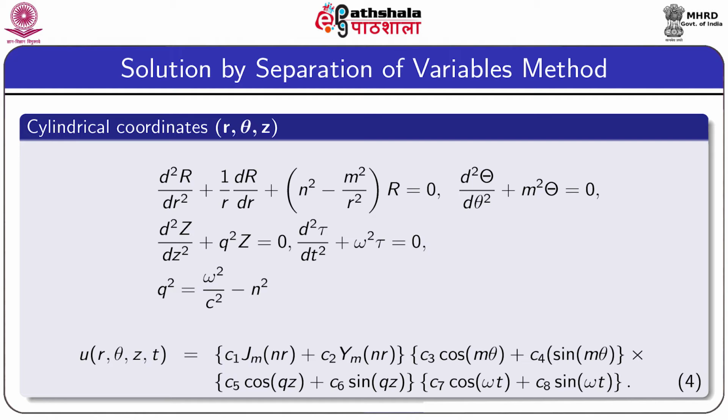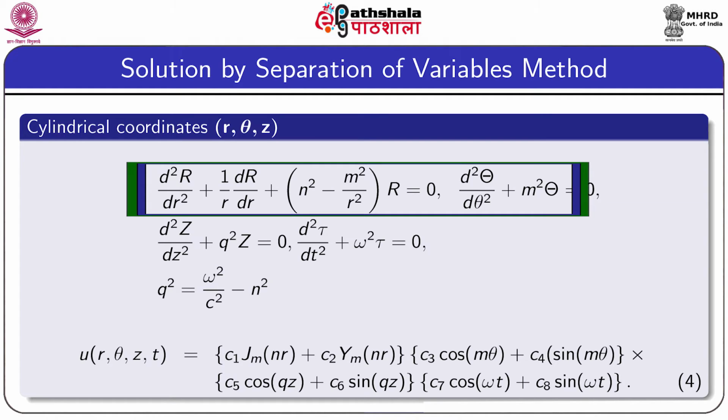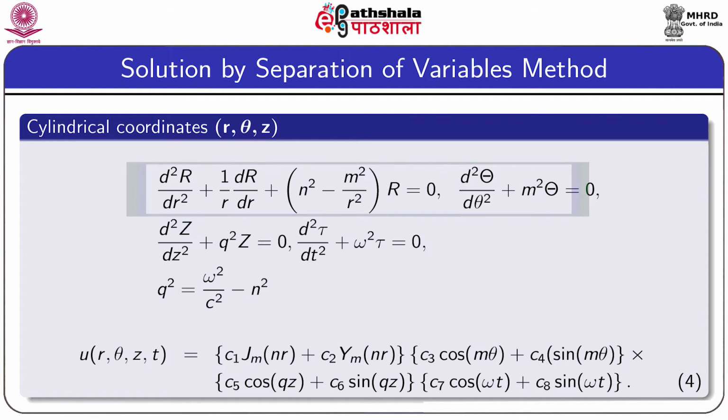Now, the equation for capital R can be seen, it is given by d2R dr square plus 1 by r dR dr plus n square minus m square by r square into capital R equals 0. And this is the famous Bessel equation of order m.